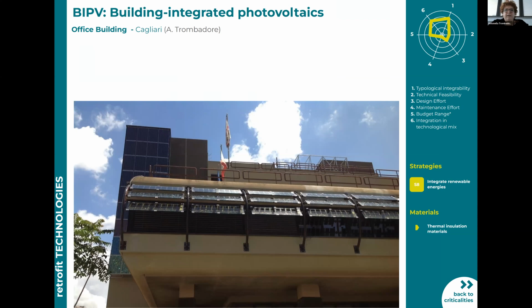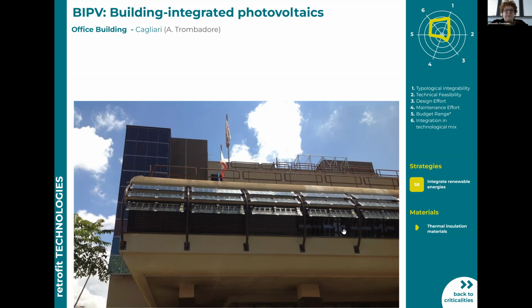And with a very good partnership with the company, searching and investigating for the different colors of the photovoltaic cells. So the building became like a catalog, like a demonstrator of how it's possible to integrate the transparent element with a different color, with a different effect, with a visual comfort inside.